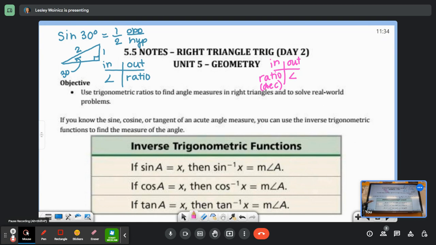So let's say that I have a little triangle, and I know the ratio is 1/2. Then I can work backwards to solve for that angle, x or theta.